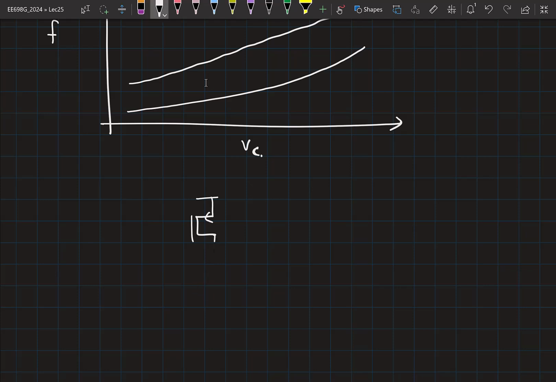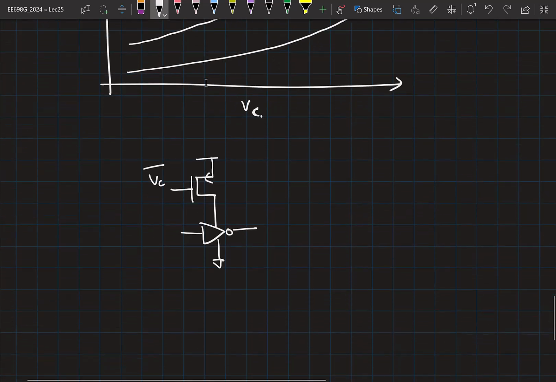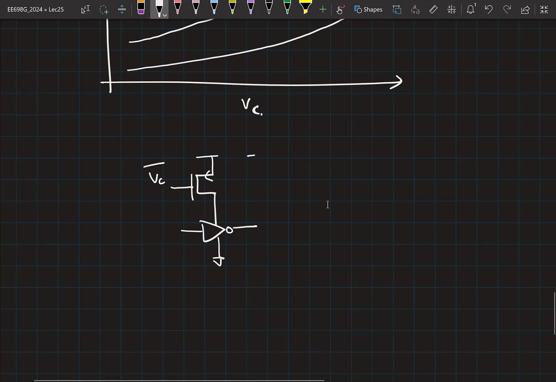So one thing that you can possibly do is I'll show tuning only on the charging current. So if you have some, let's say, VC bar connected here, it's going to give you some tuning. Along with this, let's say I add one more transistor. This is controlled by a digital bit.